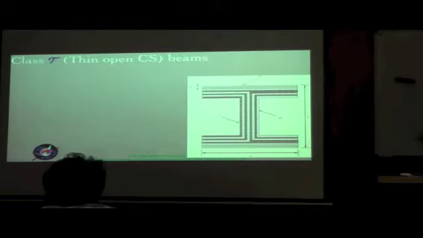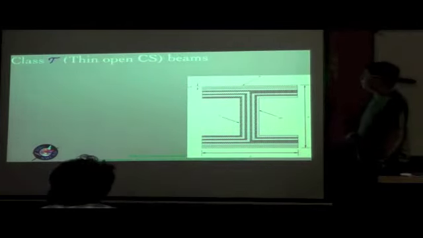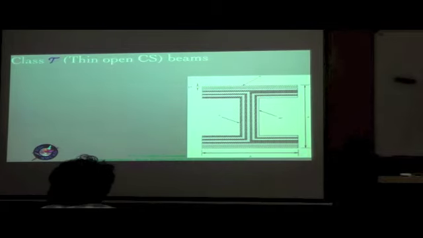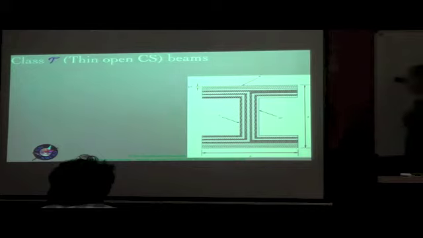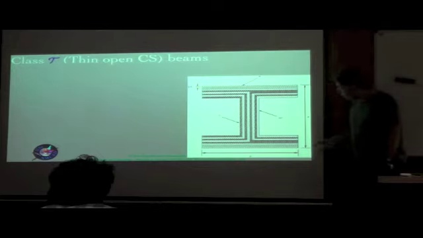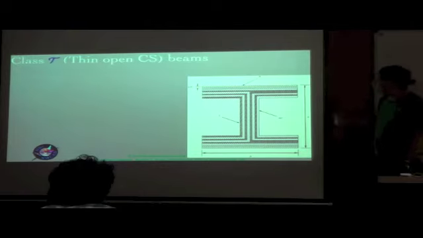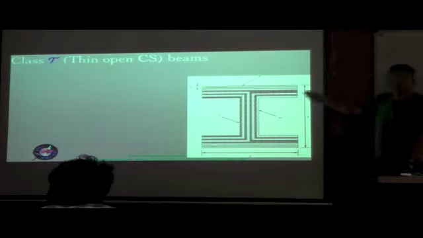So now we'll go into each one of them in a little more detail. Class T beams are basically thin-walled open cross-section beams. An example is this. This is very illustrative of some standard procedures, which some of you might already be exposed to, by which I sections are made.